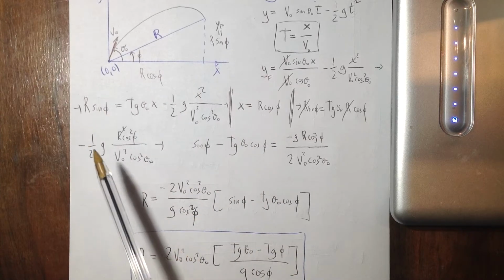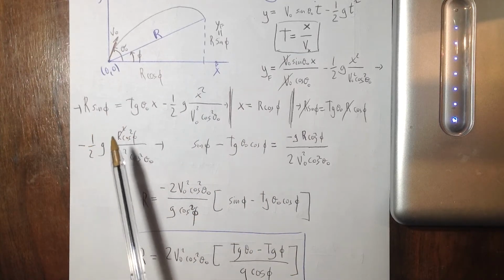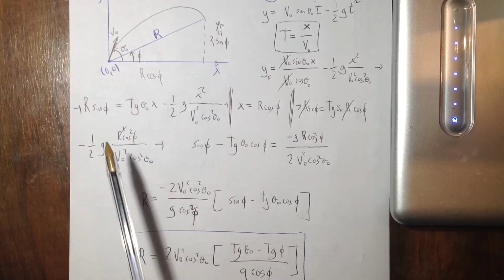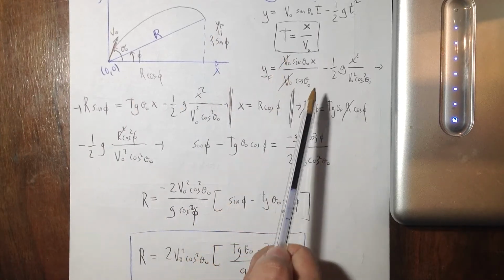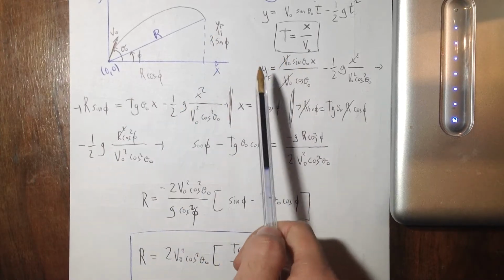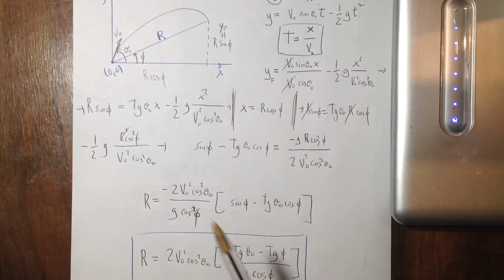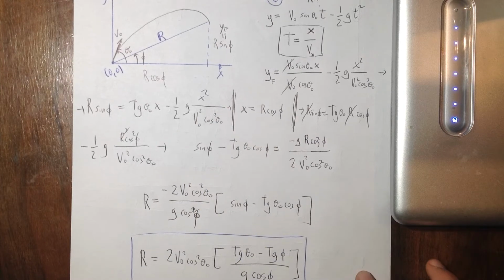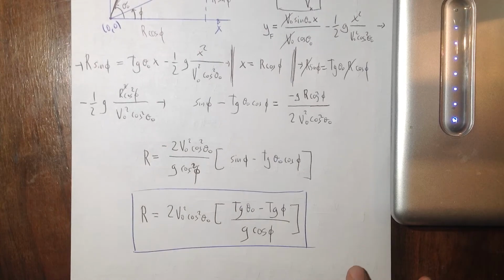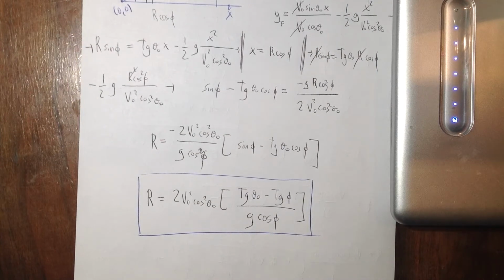We know it's R times the sine of theta, and we solve it. We know it's a tangent, and do a little bit of algebra. I hope not to be wrong right here, and this is the solution I got, so check it out.